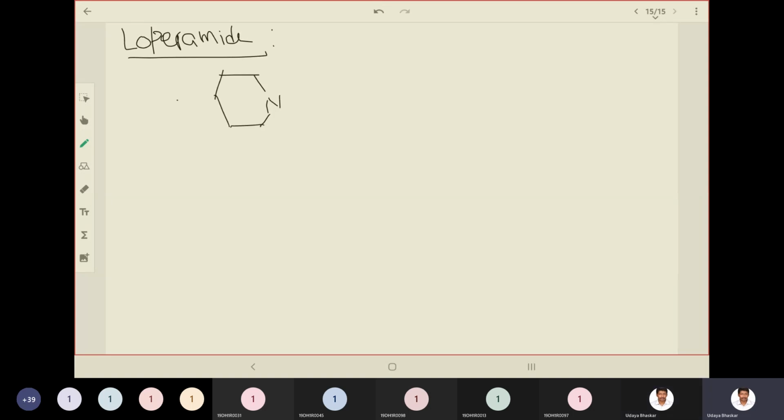Again a phenyl ring which has a chlorine at its para position, and here instead of COOC2H5 we have OH. We are comparing with that of diphenoxylate. Now through the ethyl link, it is linked to one carbon that has two phenyl groups like that of diphenoxylate.